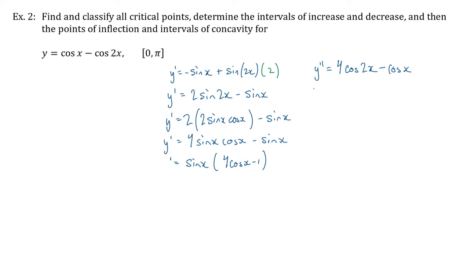Okay, so y double prime is 4 cos 2x, which is 2 cos squared x minus 1, minus cos x. And I'm going to apply the 4 through to both things inside, and I'm going to rearrange and write it in the form that we're going to want it in eventually, the familiar form.